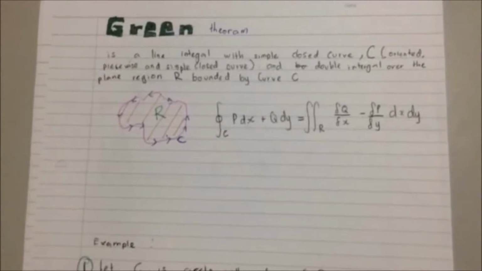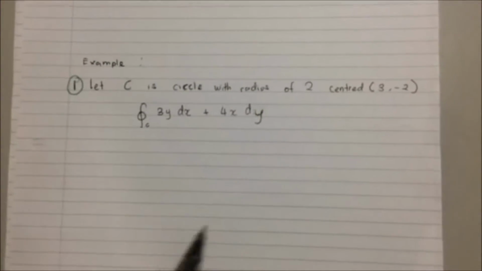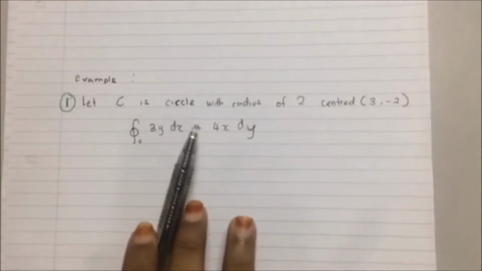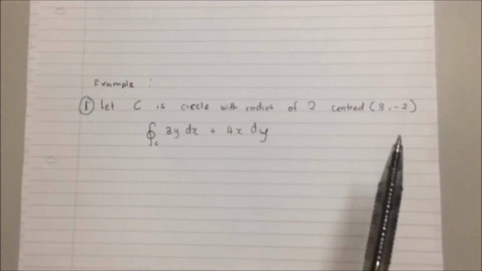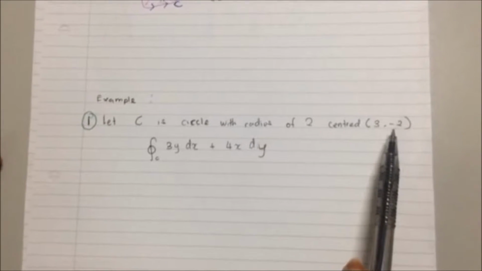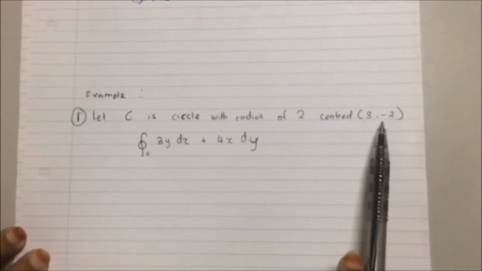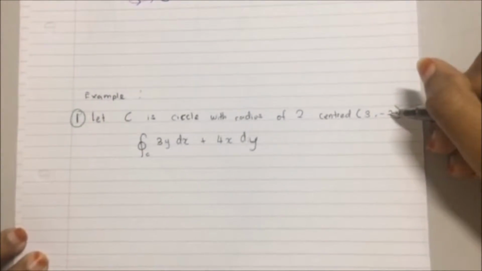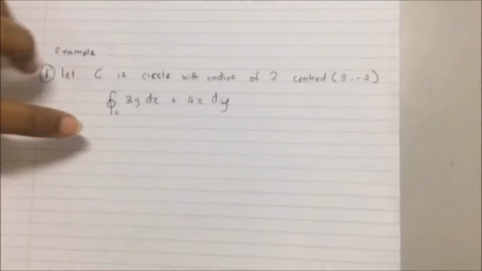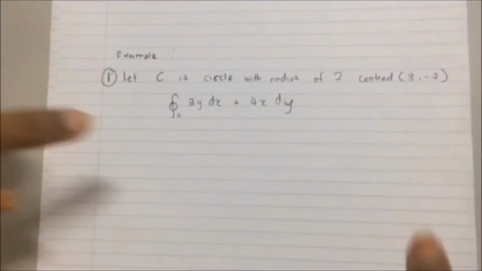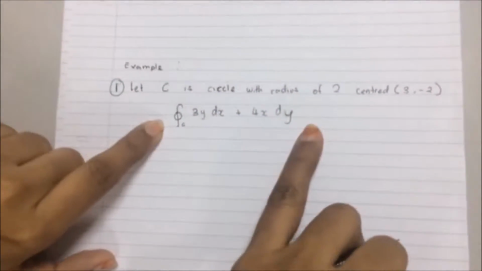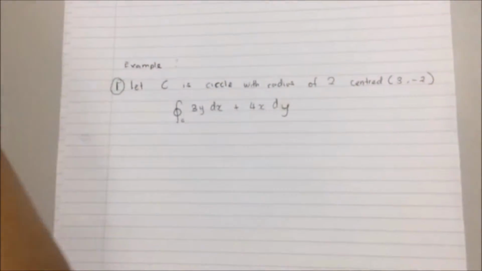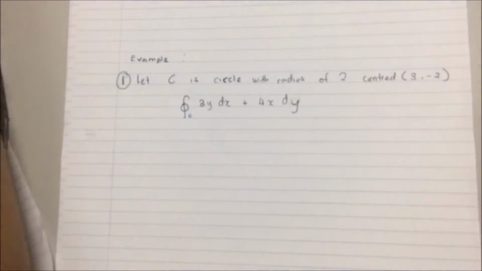Example 1 is, let's see, a circle with a radius of 2, centered at (3, -2), centered with x-axis 3 and y-axis -2. So the formula will be given. The curve is this.